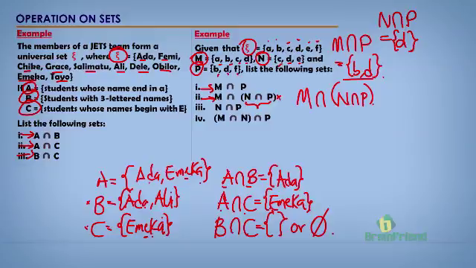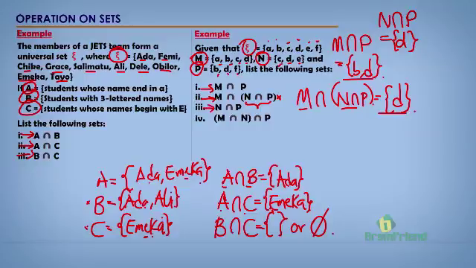Therefore, if we come back to our question here, M intersection, N intersection P, all enclosed in brackets, would be D, which is the element that the sets have in common.